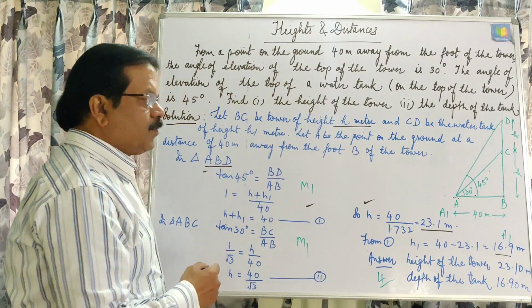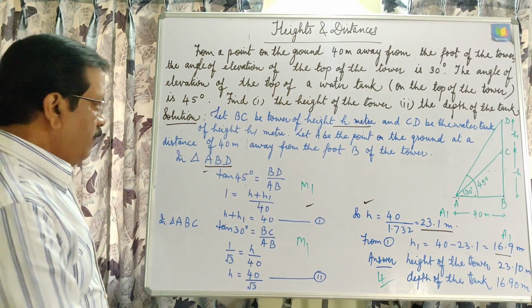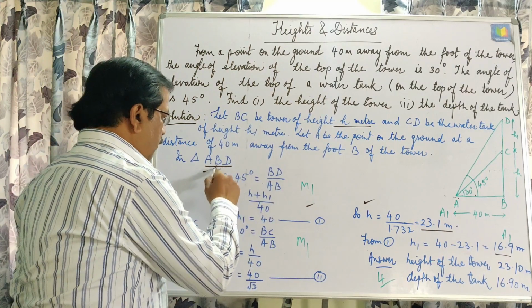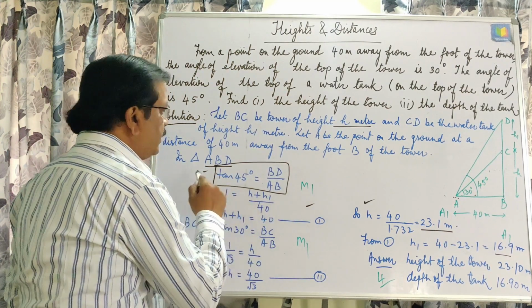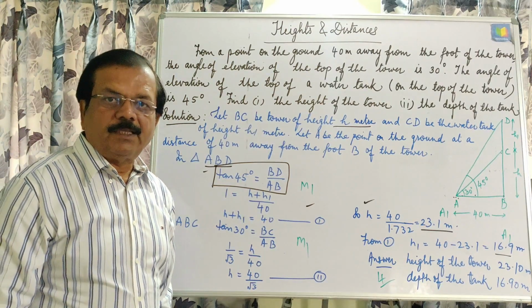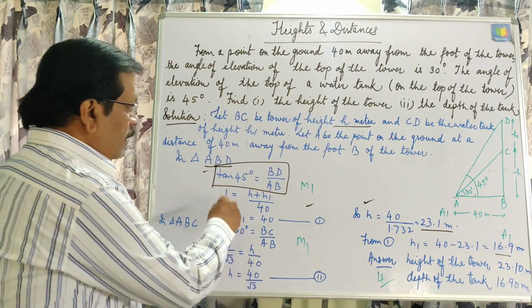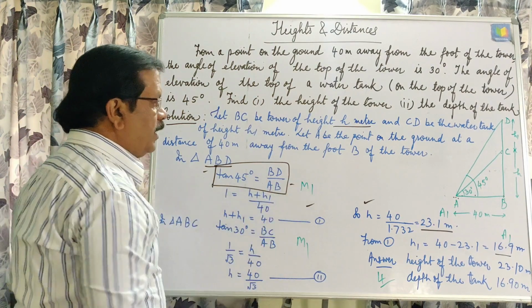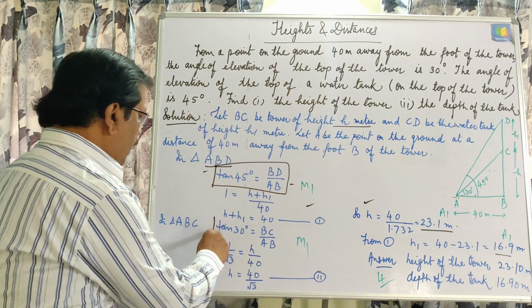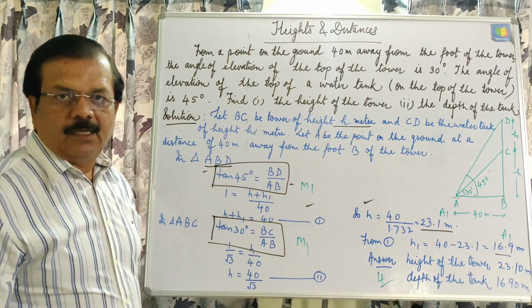Again, when this question was asked in board examination, it carried 4 marks and 1 mark was allotted on the first ratio. You can see this simple ratio has this much importance in heights and distances. Now see, this first ratio carried 1 mark, second ratio carried again 1 mark, and both are method marks.